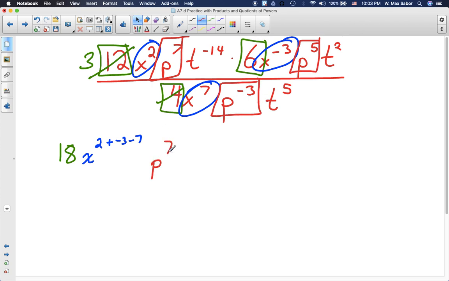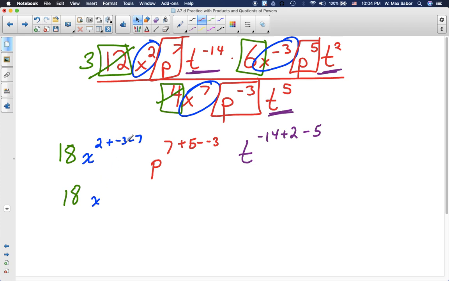So p to the 7th plus the 5th, and because it's the denominator, we're subtracting. Lastly, we have t. So we have t to the negative 14th plus 2 minus 5. So now let's simplify those exponents and we'll be all set on this problem.